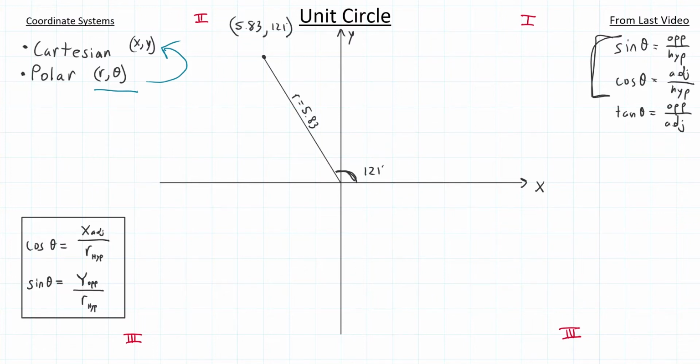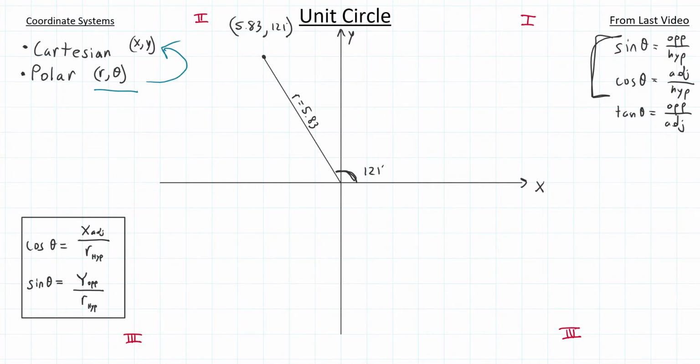So we have a bit of a problem here. We can't make a nice right triangle using the angle of 121, as we discussed in the beginning. And since we can't make a right triangle out of this 121 degree angle, how are we supposed to use cosine and sine? So that was a bit of a problem.